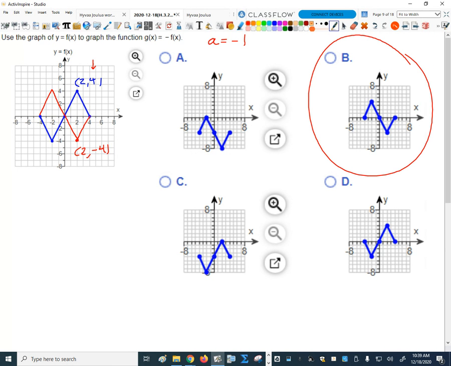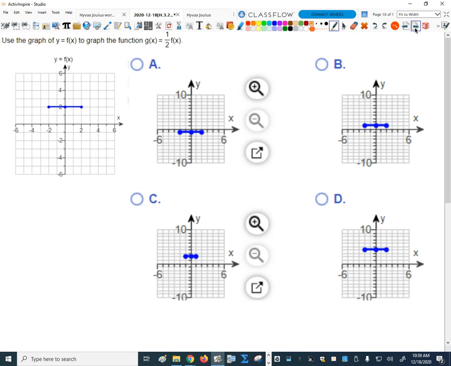Okay, how about something like that? Kendall, what's the value of a for this one? 2, maybe? No. Look at that again.